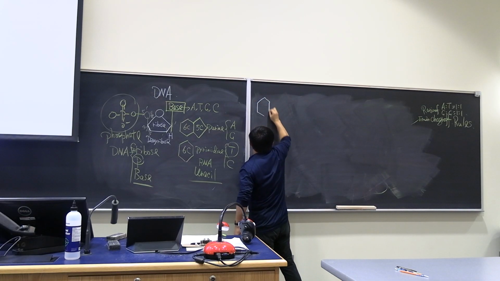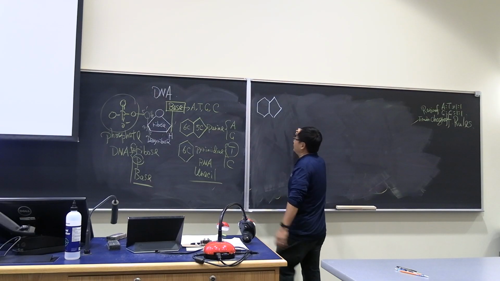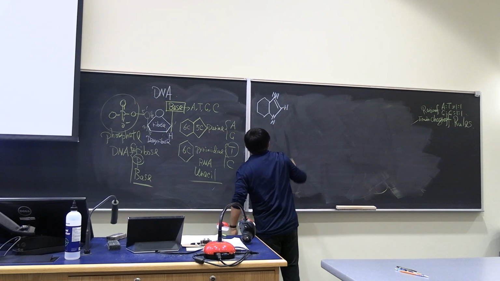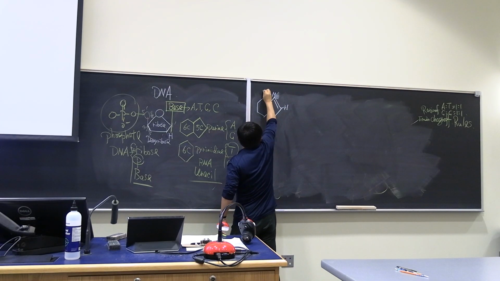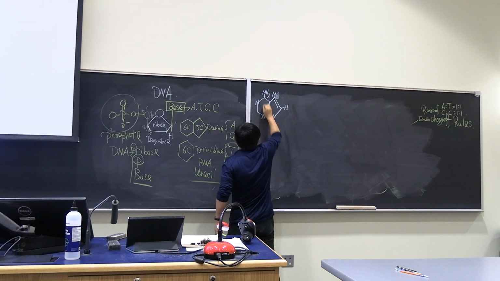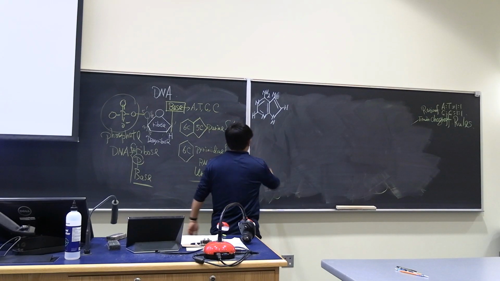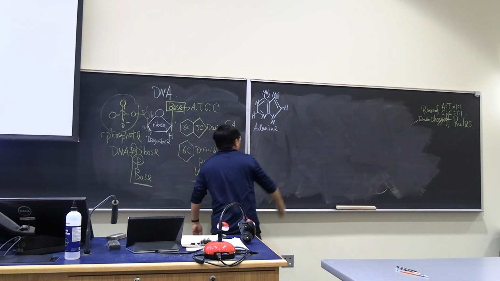We already talked about it: 6-carbon, 5-carbon, NH2. That's called adenine. Okay, what is guanine?